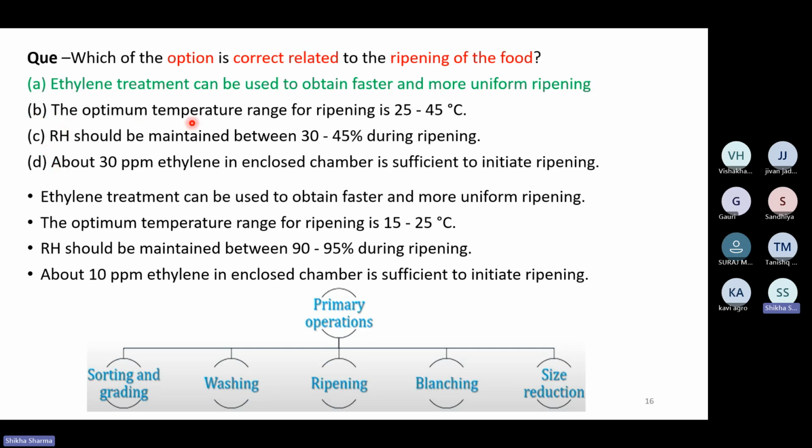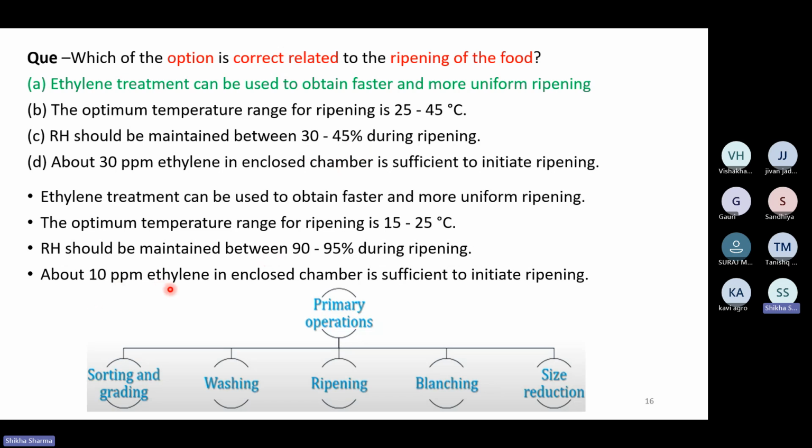Because the optimal temperature needed for ripening is 15 to 25, not 25 to 45. And RH should be maintained between 90 to 95% when the fruit is going to ripen, so it should not be 30 to 45%.